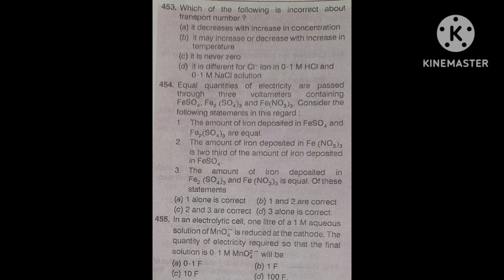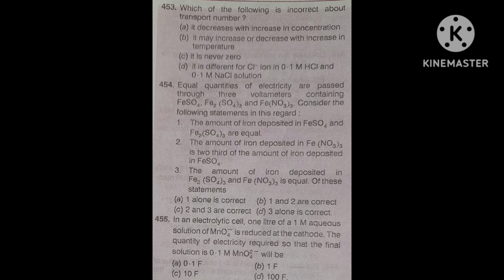See here, in the reduction reaction, MnO4 is reduced according to the question, at the cathode. Then MnO4 reduced means it has accepted 1 electron at least. Correct? Because now it is converted to MnO4 2 minus. Finally, you have to find out the quantity of electricity required so that the final solution is 0.1 M MnO4 2 minus.